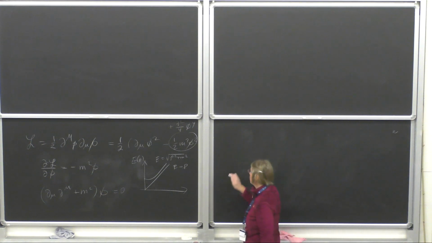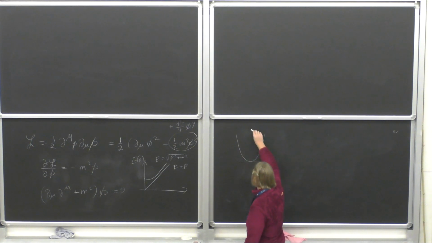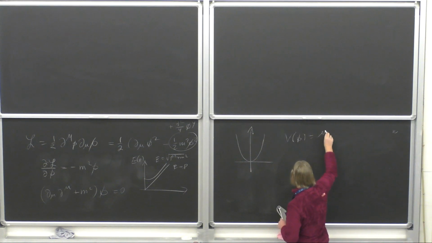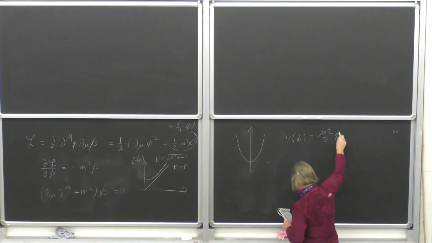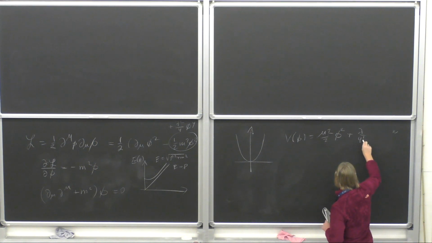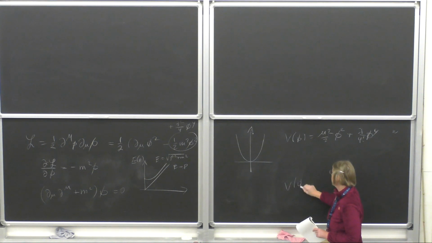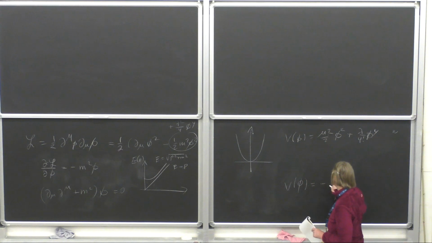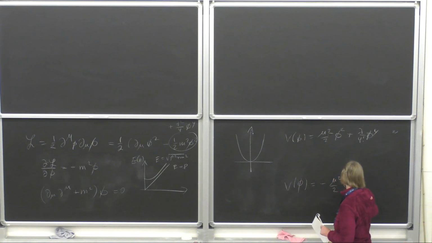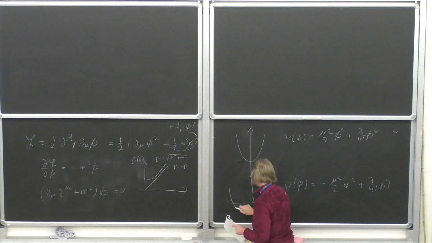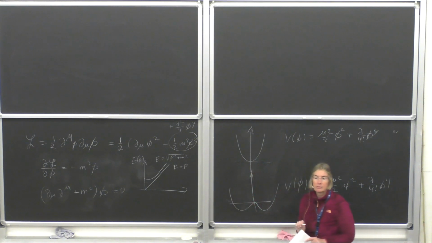If you just have the quartic term, mu squared phi squared, plus lambda phi to the fourth, that looks like this, right? Well, let's put the minus sign. So if you do this, minus mu squared phi squared plus lambda phi to the fourth, then you get this. Yes?